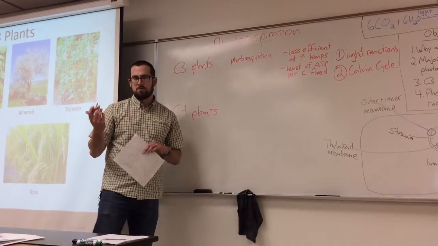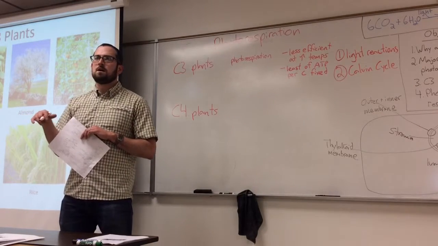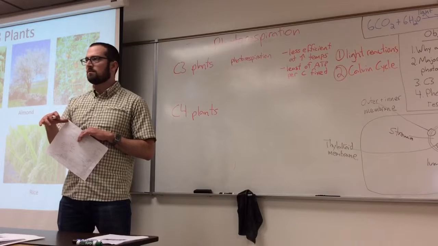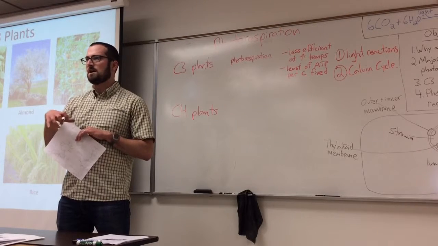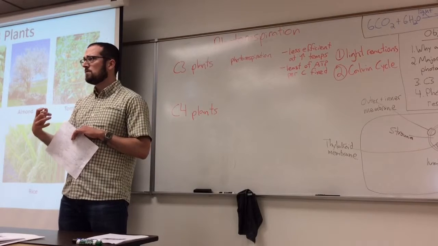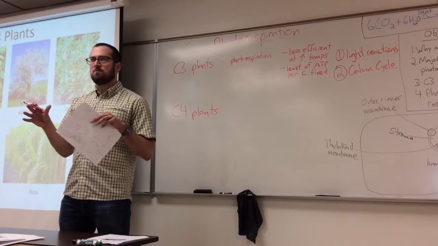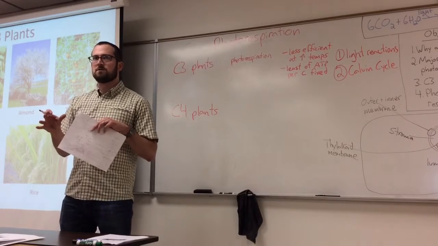So basically, both of these mechanisms are strategies that the plants have evolved to prevent rubisco, the enzyme, from coming into contact with oxygen. So this first mechanism, C4, is a physical separation of rubisco from oxygen.